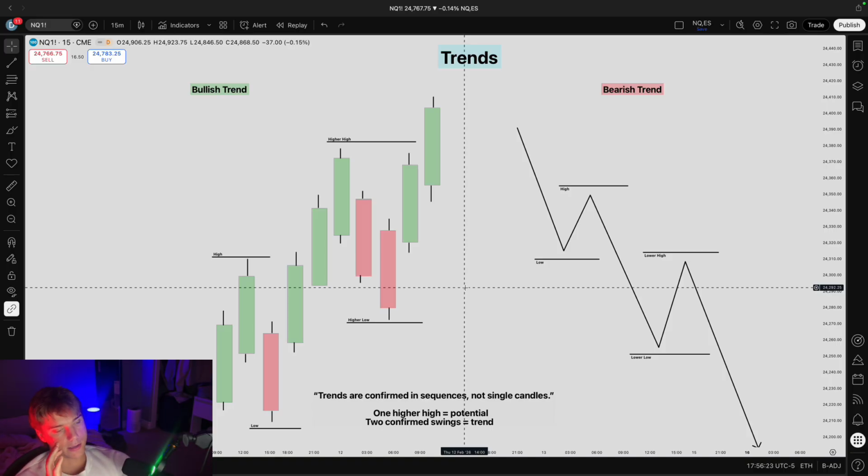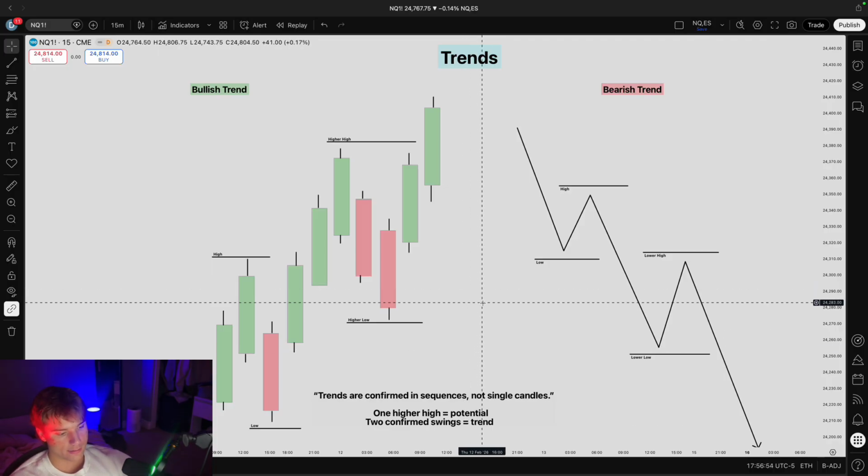An uptrend is going to have higher highs and higher lows, versus a bearish trend is going to have lower highs and lower lows. A super easy way to think about trends is like a river. Price doesn't just flow randomly, it flows in a path created by institutional activity, pretty much.